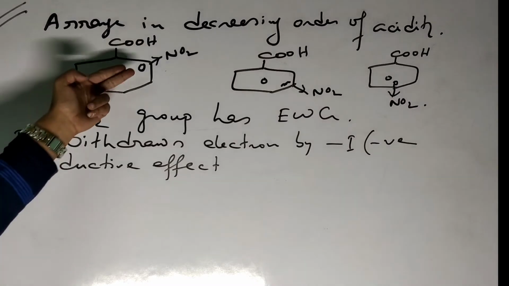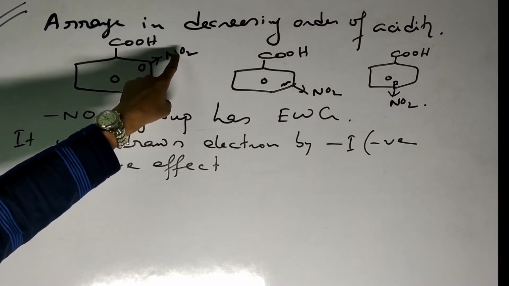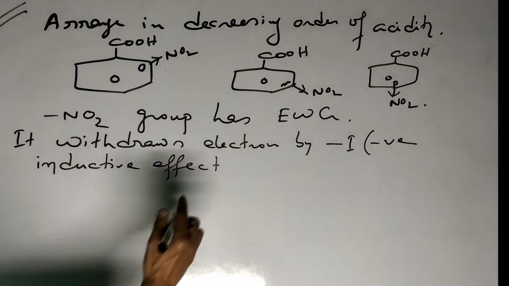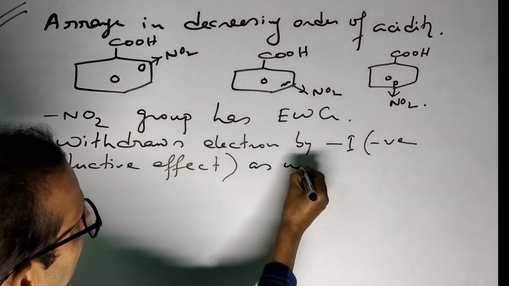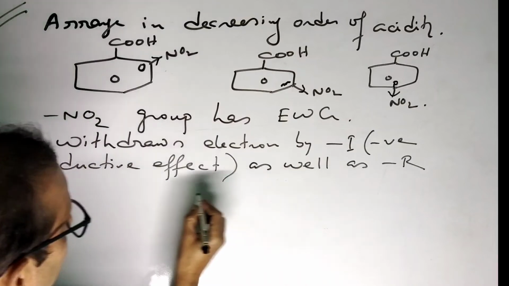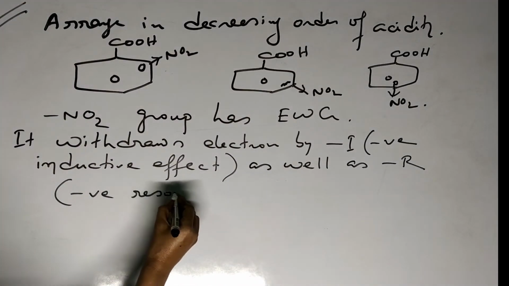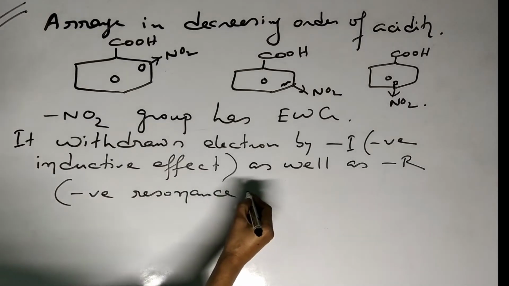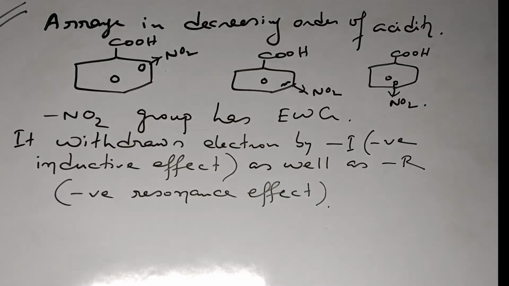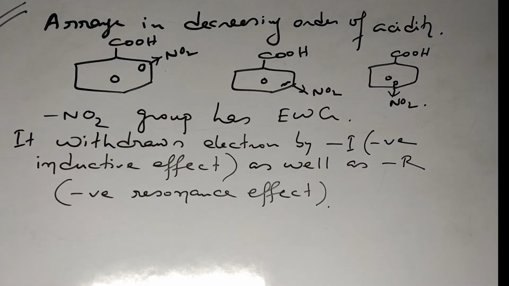Why? Because whenever it withdraws electron, it possesses negative charge, okay. It gains electron from the ring, that's why it becomes negative charge, so it is negative inductive effect, as well as negative resonance effect.